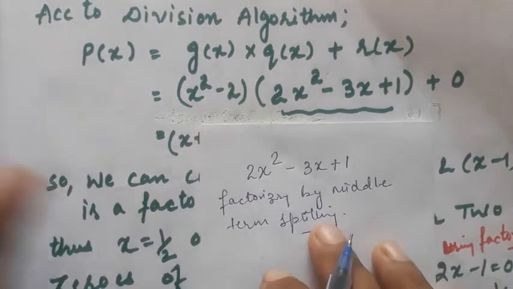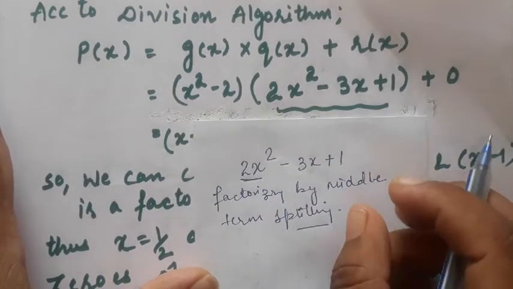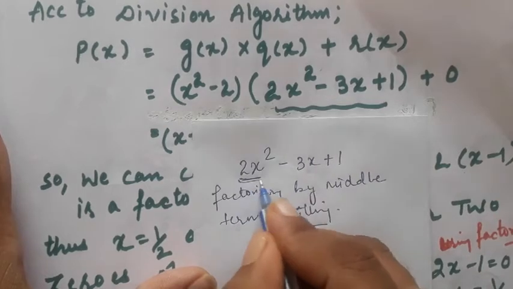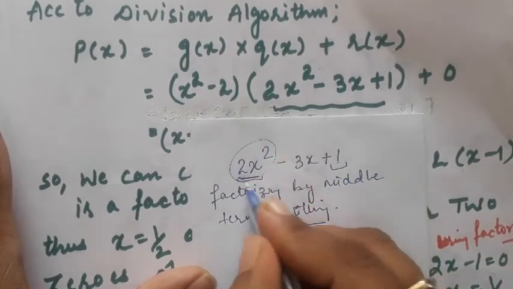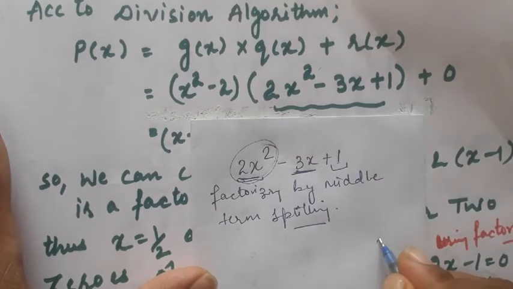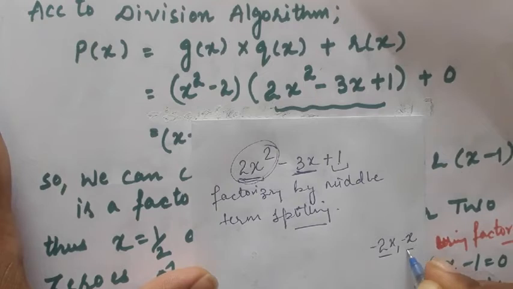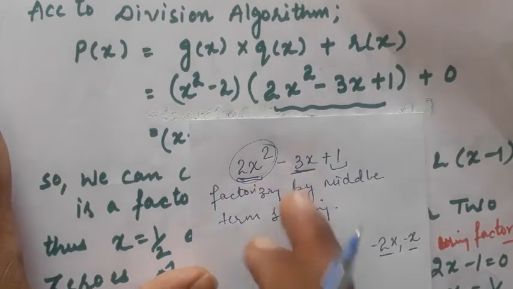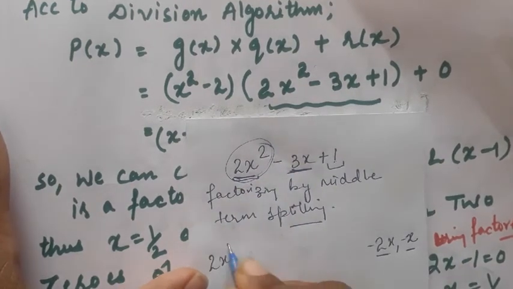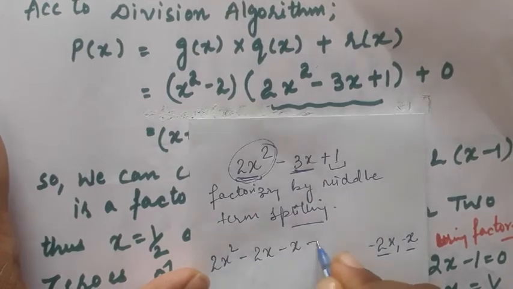As you all know how to do it, I need to guess two numbers, so the product will be 2x square and the sum will be 3x. So those two numbers will be 2x and x, that is minus 2x and minus x. So I will write in terms of here, that is 2x raised to power 2 minus 2x minus x plus 1.